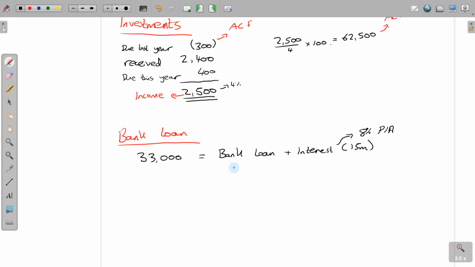Because we know that the bank loan is going to be 100%, and the interest is 8% plus 3 over 12 of 8%, which together is 15 over 12 by 8%. So we can now just say 8% divided by 12 multiplied by 15, and we get 10%.